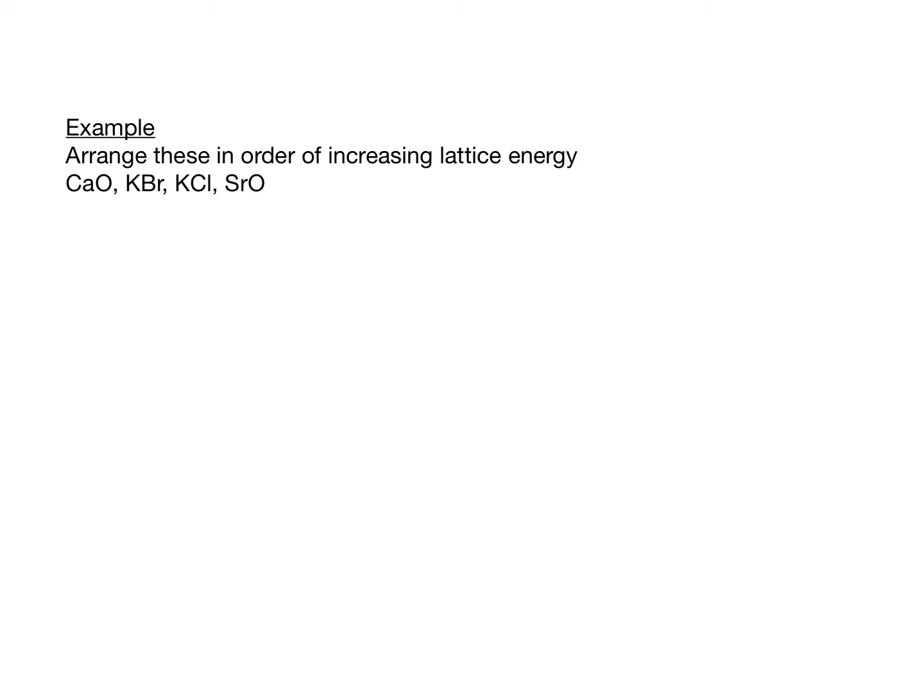So we can look at these compounds and arrange them in terms of increasing lattice energy. We need to think about the smaller radii and charge difference. Strontium in SrO is 2 plus. These are +1 each, and these are +2. So we need to think about which of these are going to be different.